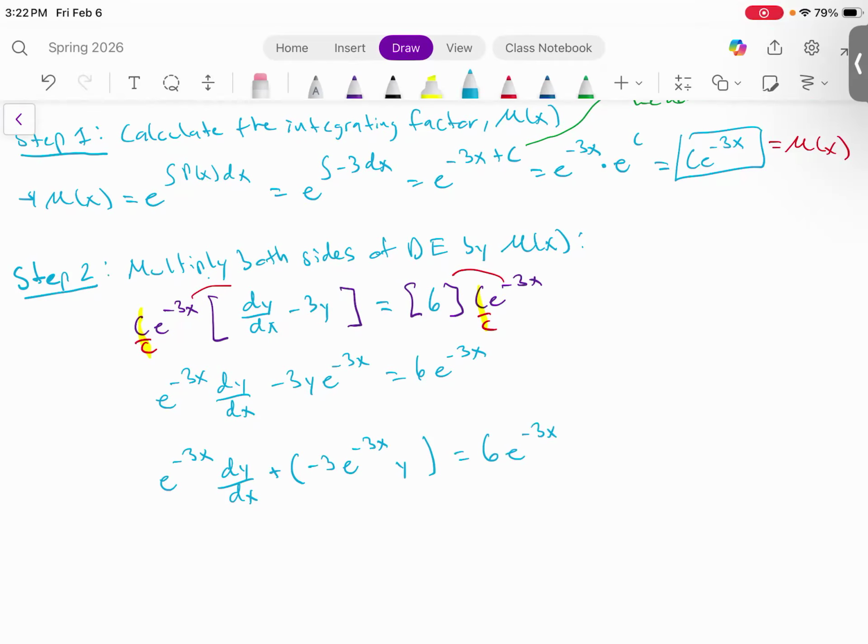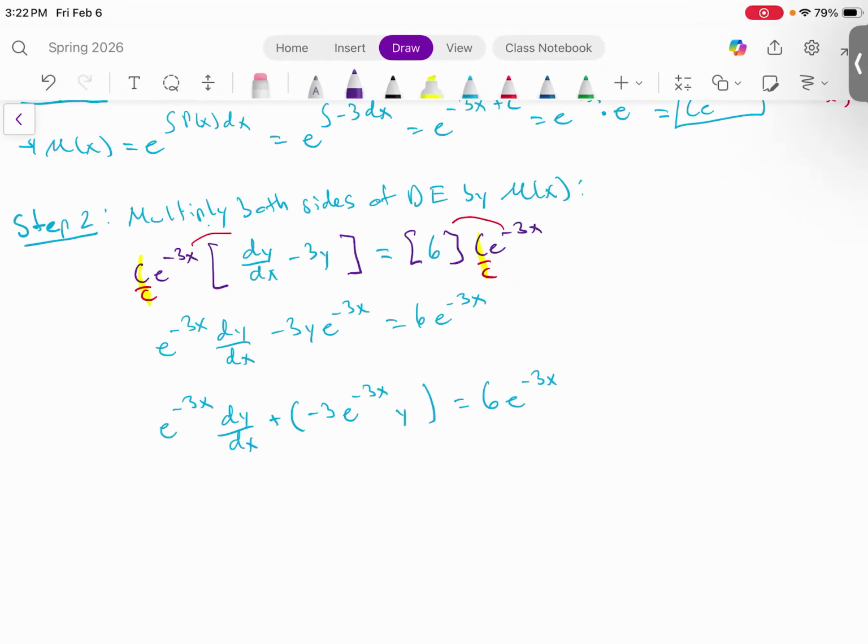So why do we rearrange it? When we do this, there's a nice little trick, okay? A nice trick to do.